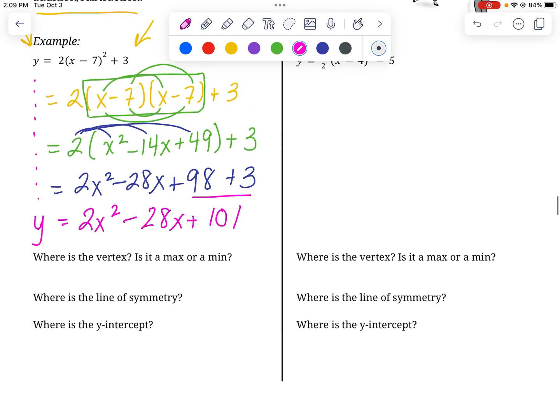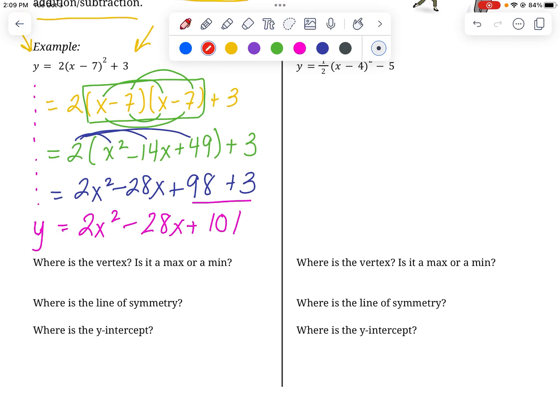There are a few things that I know from both looking at the vertex form and looking at the standard form. The vertex is easier to find in the original because that was in vertex form. My vertex is at 7, 3. I know because the 2 is positive that I have a smiley face parabola, which means that vertex is a minimum, okay? Will be a low point.